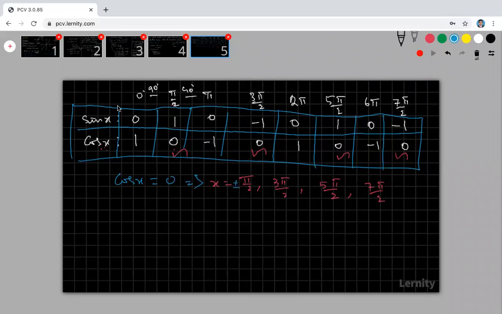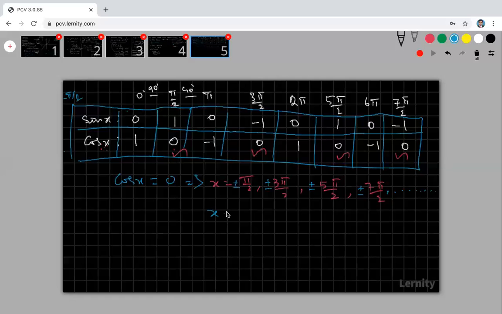Come to this side, minus pi by 2. Here also my cos of minus pi by 2 is 0. So therefore cos plus pi by 2 is also 0, cos minus pi by 2 is also 0. Similarly, plus 3 pi by 2, and on the left-hand side minus 3 pi by 2, is also 0. Plus or minus 5 pi by 2, plus or minus 7 pi by 2 and so on. It is never ending.